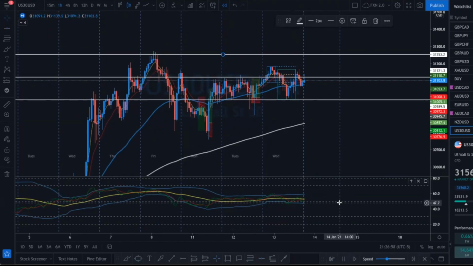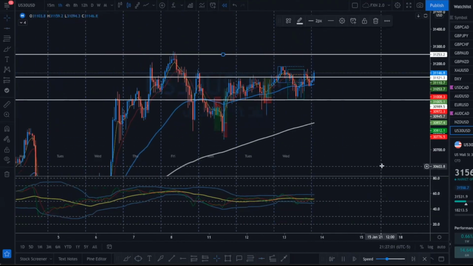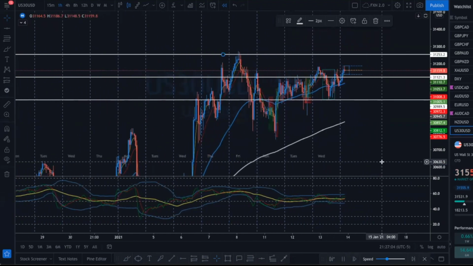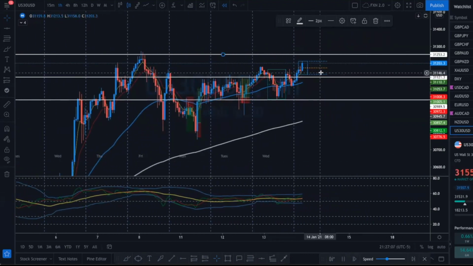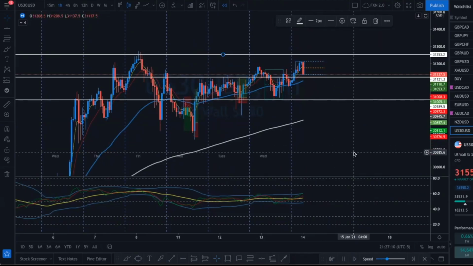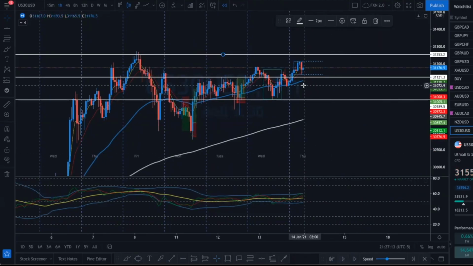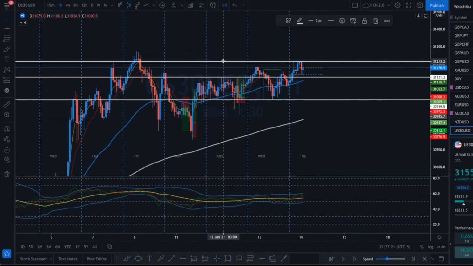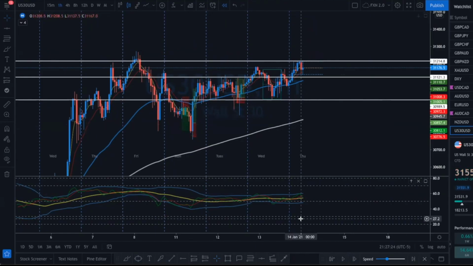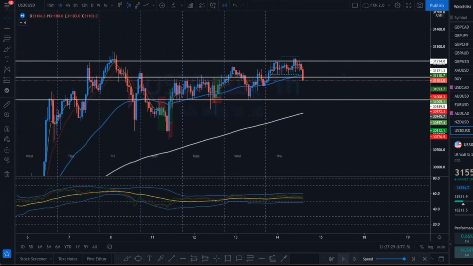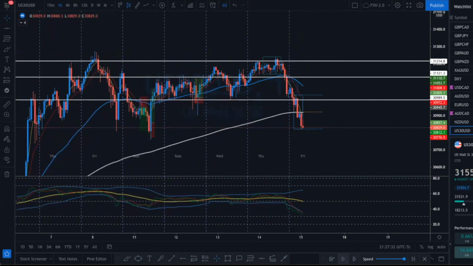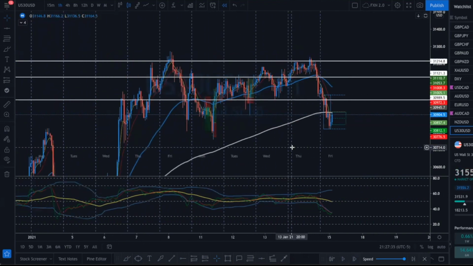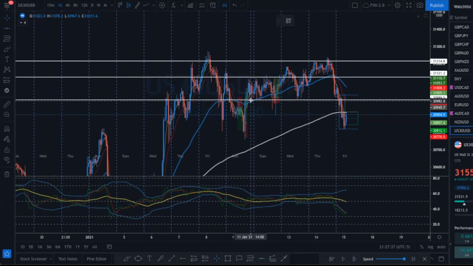You see on the TDI, it's just moving straight in the middle. So until it makes a significant move, it's not going to do anything. Like right there, that's a nice one. What is that? 31,200. Look at that low pocket, and then boom, drops. The low's probably around here.